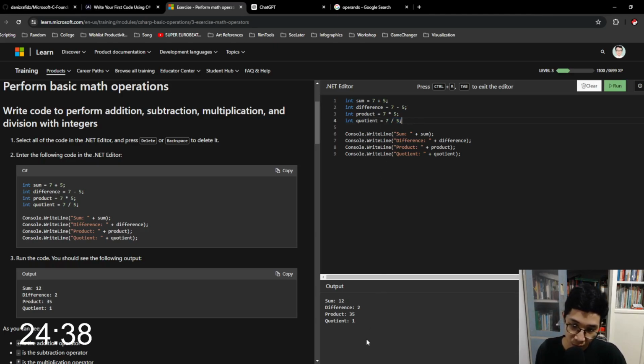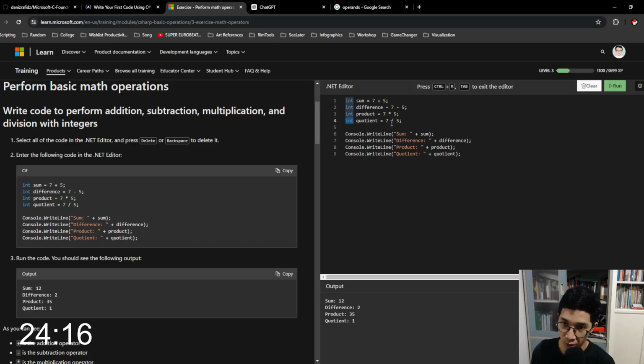Actually it should be 1.4, but since this is an integer, it will not read after the decimal point, which is the 4. So the only part the integer reads is before the decimal point.